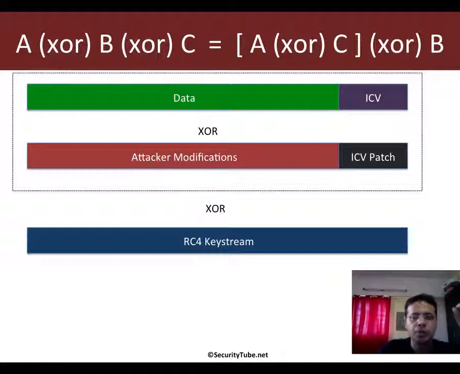So now this is valid, and hence when you XOR it with an RC4 keystream, which is of course valid for that WEP key, the output is a valid WEP encrypted packet.